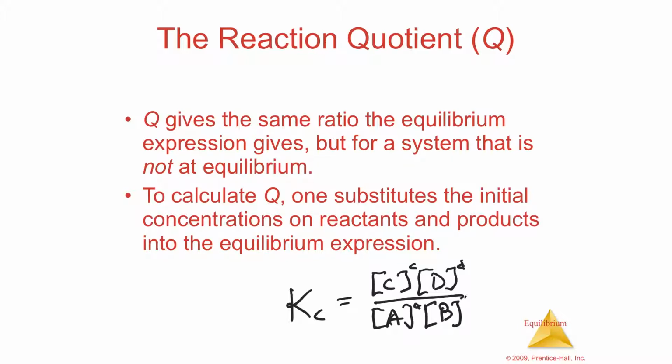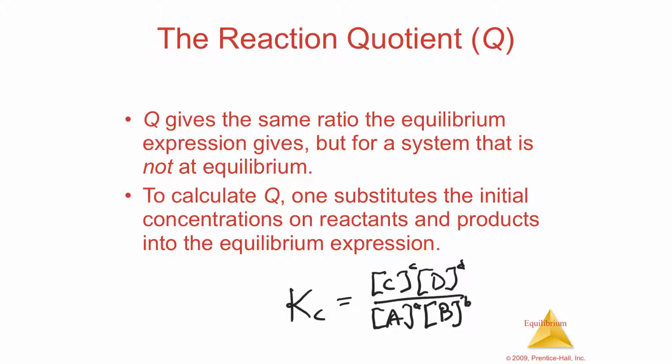It doesn't matter. Now, we know that C and D are products, and if that number is big, then your K sub C is big, which means you're making lots of products. So at equilibrium, when all of the stuff stops changing, and you have the same amount of products and reactants in the jar continuously, you look at your K sub C, and if it's high, then you know you're making lots of products. If it's low, you're going to make lots of reactant.